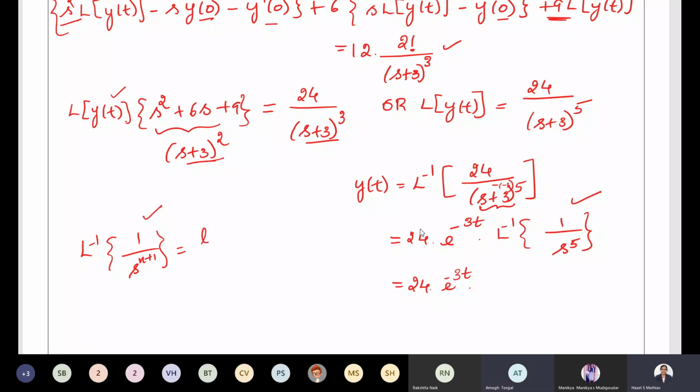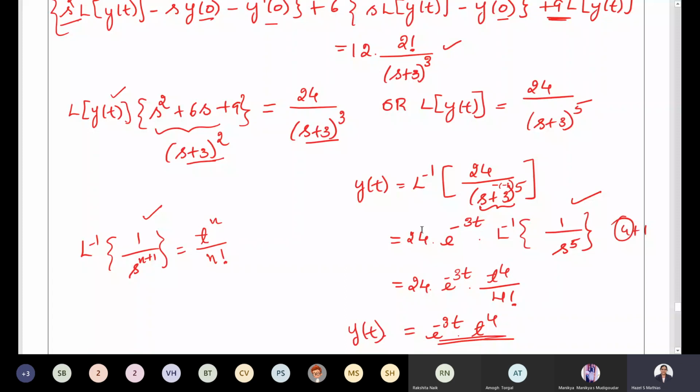It is t power n by n factorial. Correct? So what is n here? 5 can be written as 4 plus 1. So n is 4. So this is nothing but t power 4 by 4 factorial, which gives e power minus 3t into t power 4. This is the solution of the given differential equation.